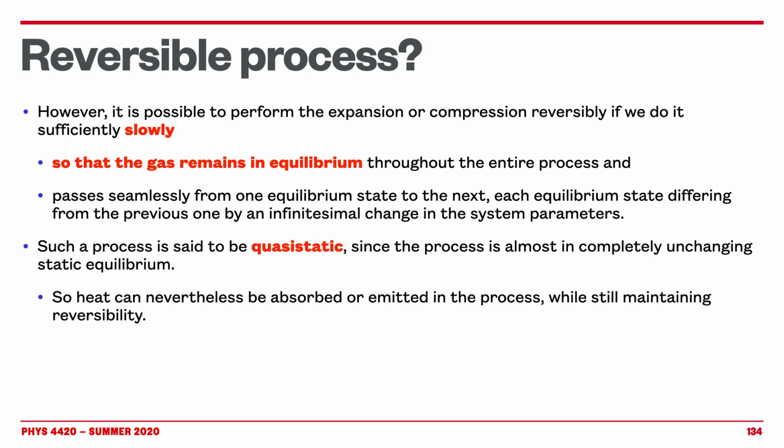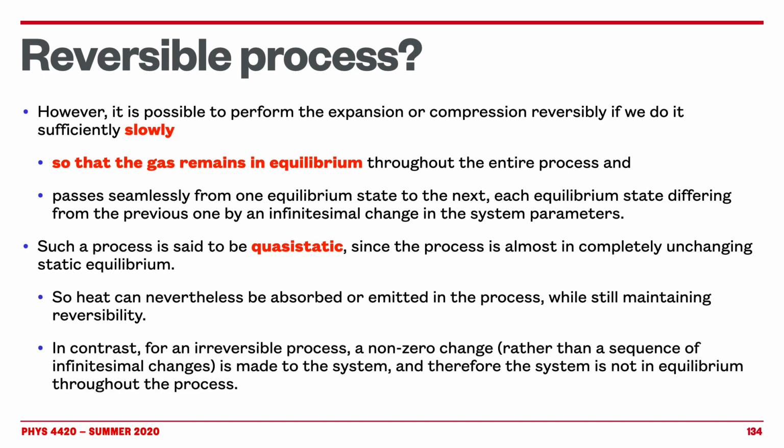So there's no problem. Heat can certainly be absorbed or emitted in the process. In fact, it better be, because if heat cannot be absorbed or emitted, nothing is really happening. Remember that the change in internal energy is the transfer of heat plus the work done on the process. So that's certainly important.